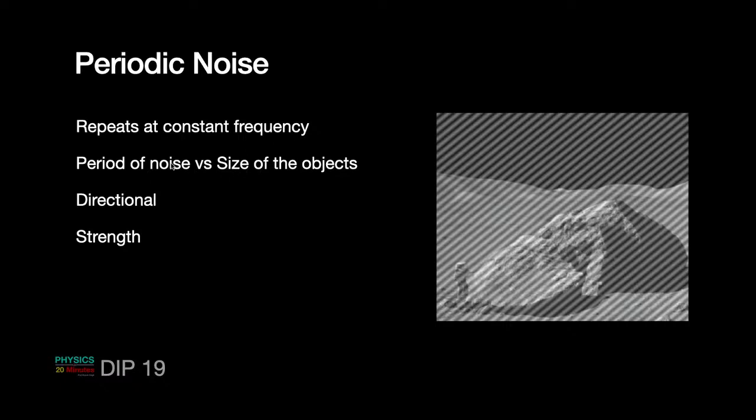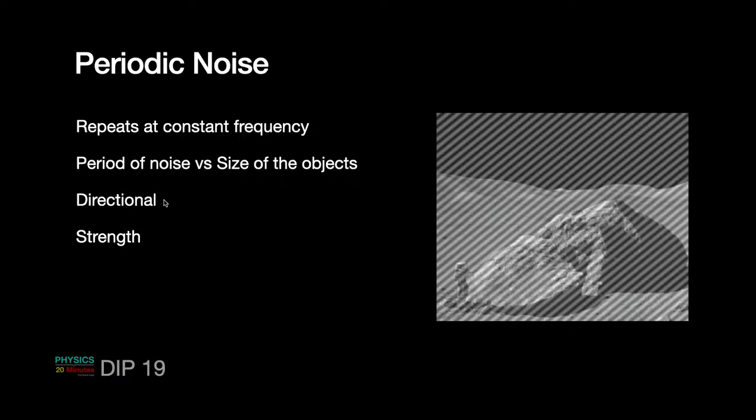If the period of the noise is small and the size of the objects are large, the difference is much in terms of number of pixels, then the separation is very easy. However, if the period of noise is as large as the size of the objects, then separating them becomes a rather challenging task. So remember that.